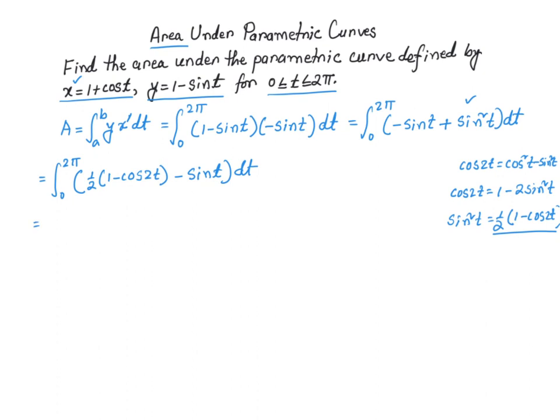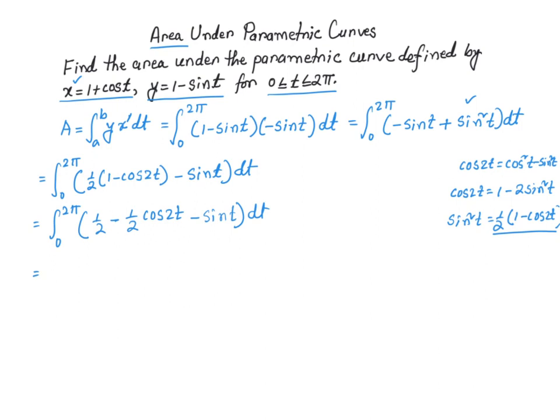Now I'm going to simplify it even further. Integral 0 to 2 pi of 1/2 minus 1/2 cosine of 2t minus sine of t dt.